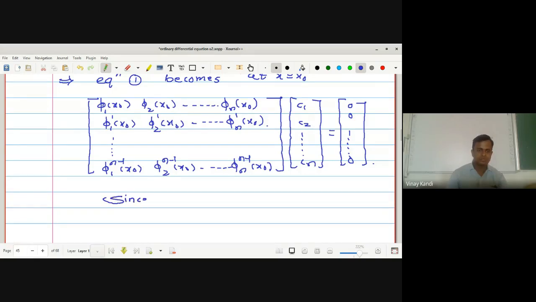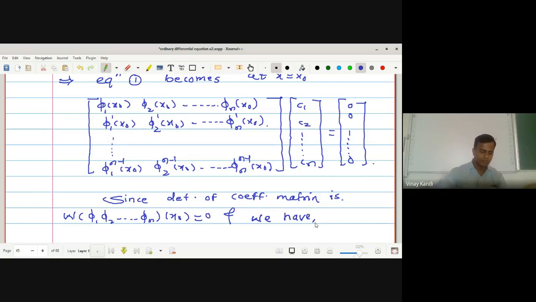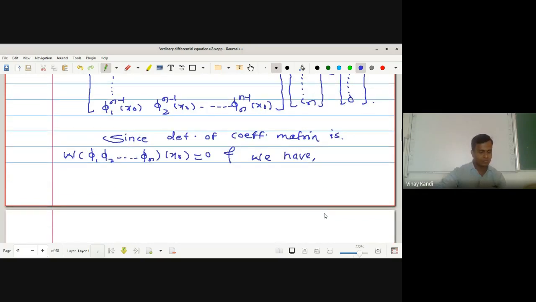Since the determinant of the coefficient matrix, the Wronskian of phi 1, phi 2 up to phi n at point x naught, is equal to 0, and we have, okay, since the determinant of the coefficient matrix is what?